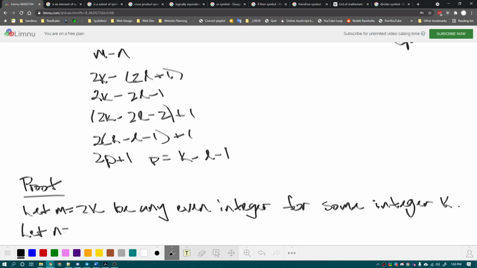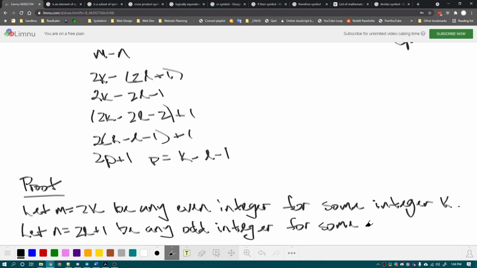Let n equal 2l plus 1 be any odd integer for some integer l.